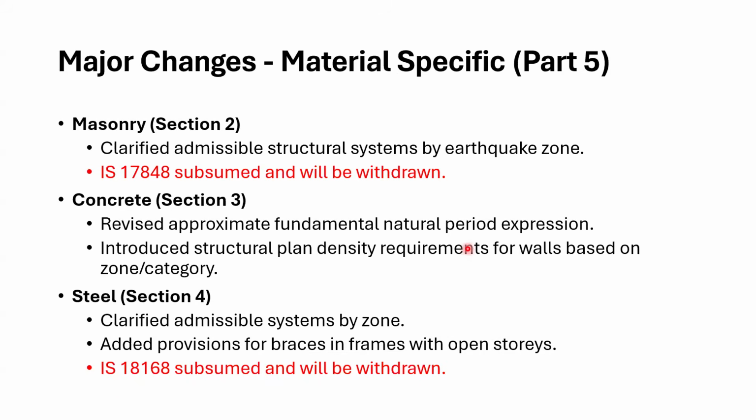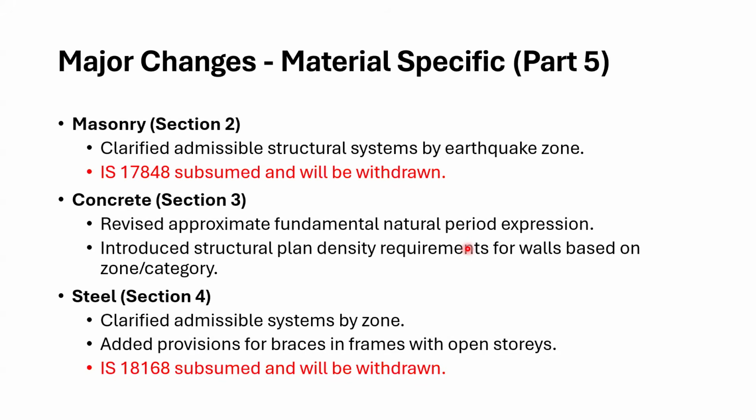And if we go to the building Part 5, again, there are specific changes. Now we have the masonry, concrete, and steel sections dealing with several aspects of the design.